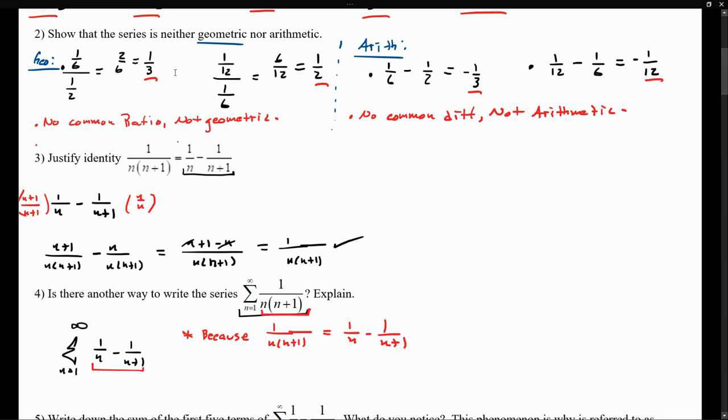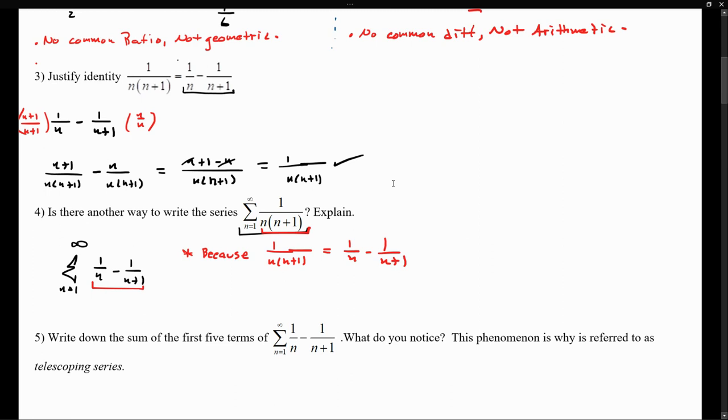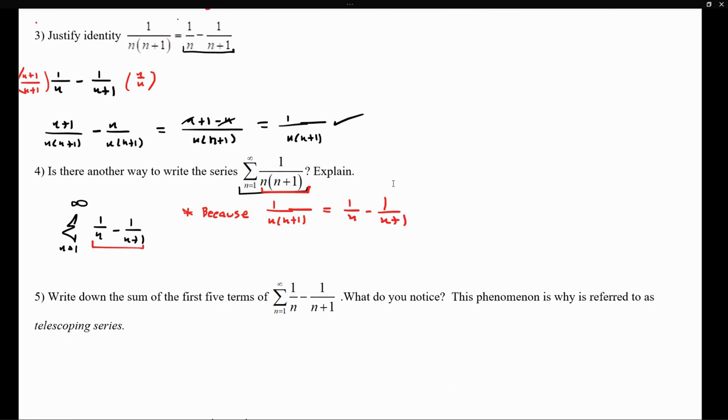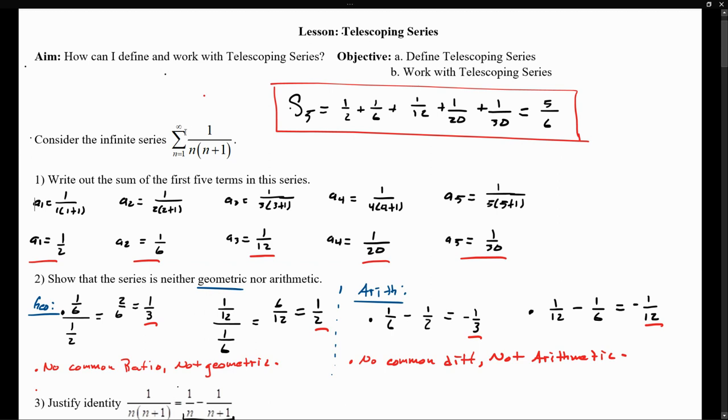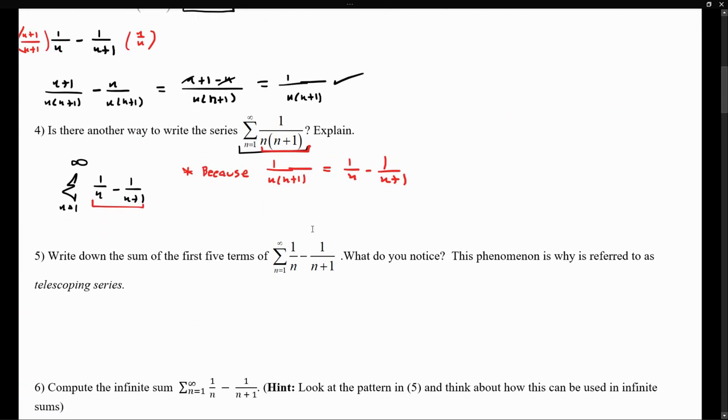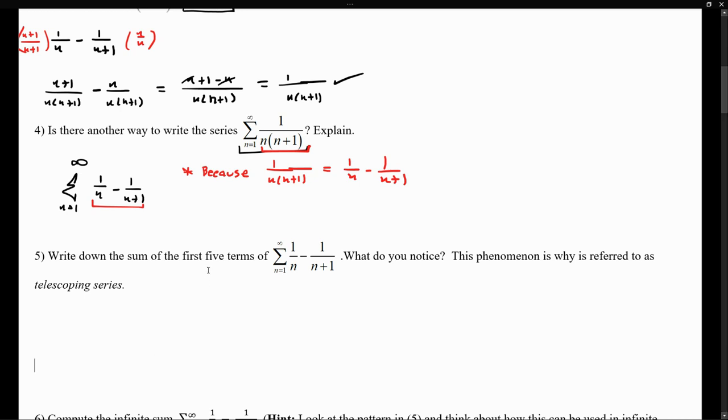But now let's pause here for a second. We can start asking ourselves this question: what's the purpose of rewriting the series? At first, we saw that if I were to find the terms and add the first 5 terms, I would just get a value. But now what happens if I rewrite this expression as we just did, and we do the same task?